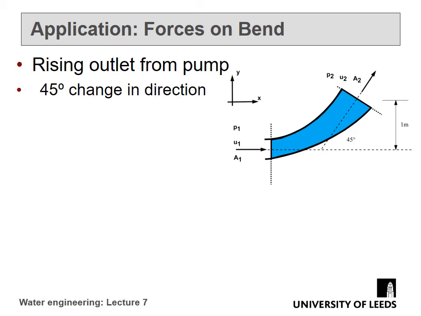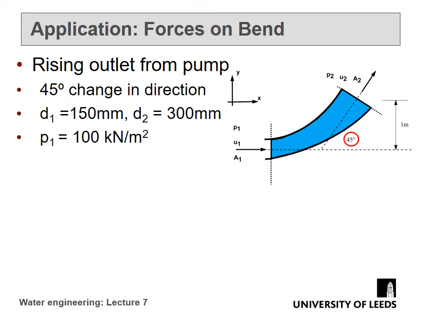Let's have a look at this example. A 45-degree rise out of a pump. So we've got a big pump to the left hand side, and it's pumping water going upwards. The diameter changes as it goes up from 150 millimeters to 300 millimeters. Pressure at P1 is 100 kilonewtons per meter squared, or 100 kilopascals.